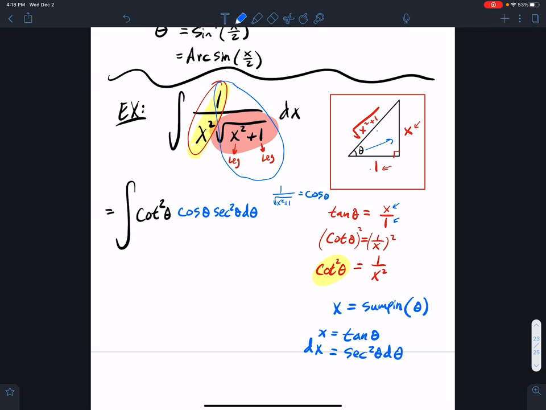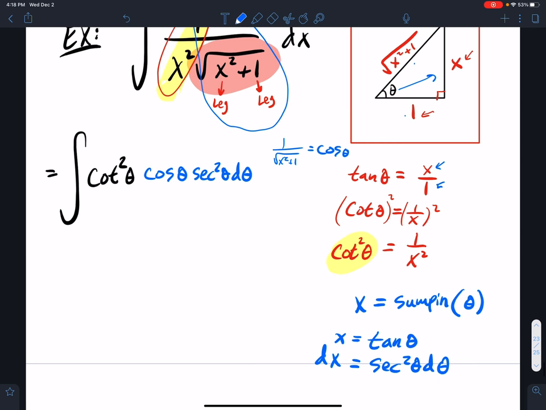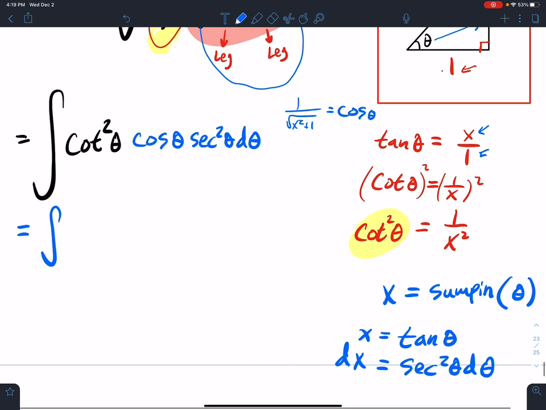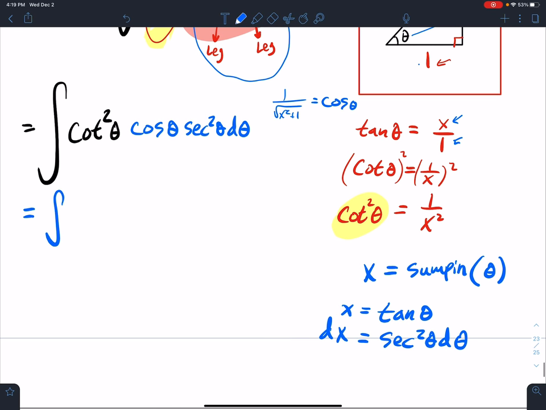Now, when I see a whole lot of trig all together, what I think is convert everything to sines and cosines and then simplify. If you do that, you're going to make life way better for yourself. Simplify first. Cotangent squared is cosine squared theta over sine squared theta, and then this is times cosine theta over 1.